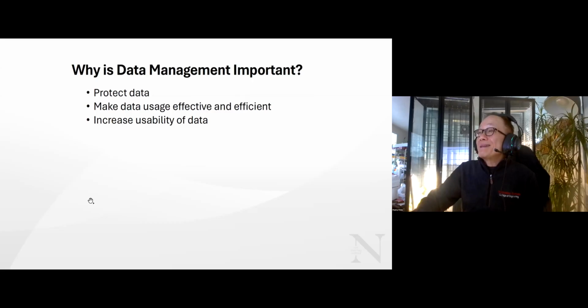If we do data management, we can protect our data, make data usage effective and efficient. Also, we can increase the usability of our data. These are all very well known and very obvious, so I'm not going to talk too much about these bullets.